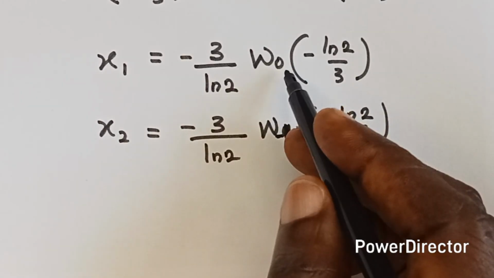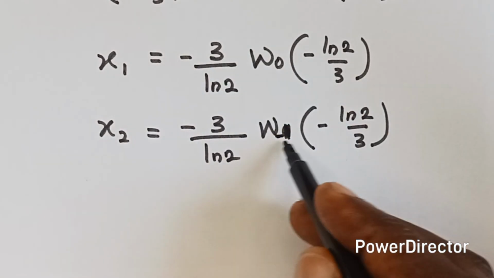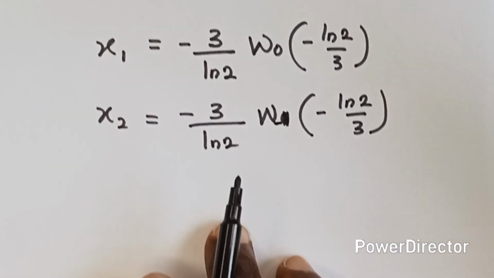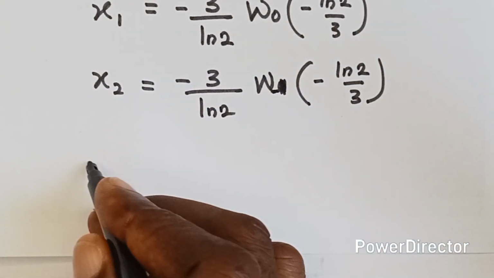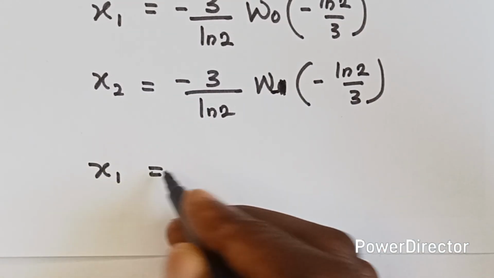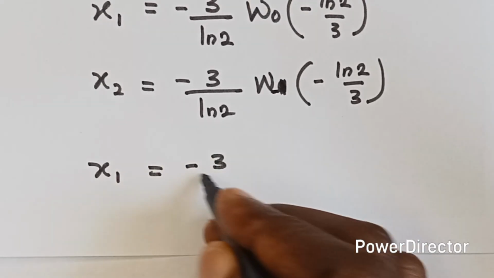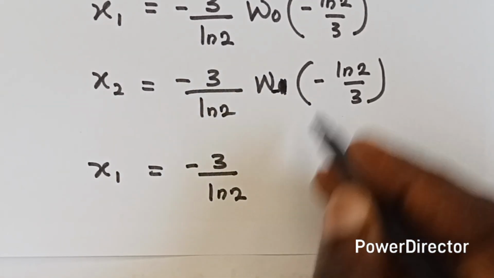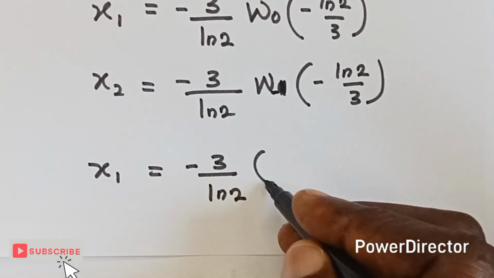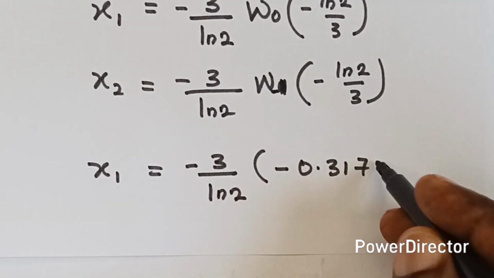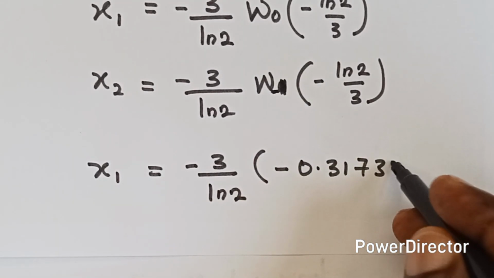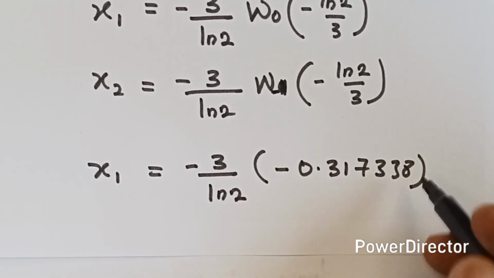Okay, so we have it between 0 and minus 1. All right, so now we know what this is already, so we can just say our x1 is equal to minus 3 over ln 2, then the whole of this will give us minus 0.317338, something around that figure.